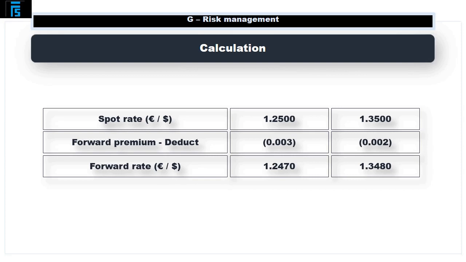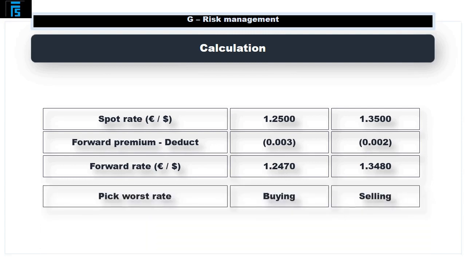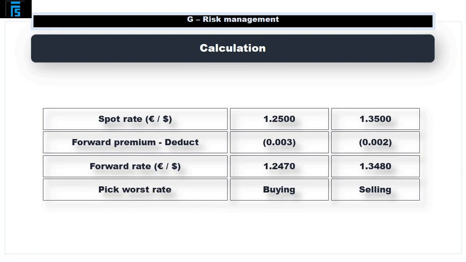We then deduct the forward premium of $0.003 and $0.002 to give us forward rates of 1.2470 and 1.3480 euros per dollar. And again, pick the worst rate for you.